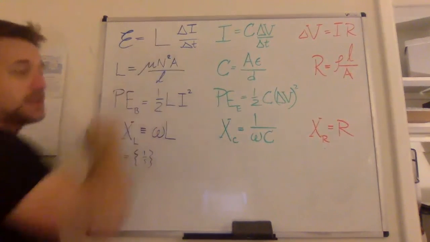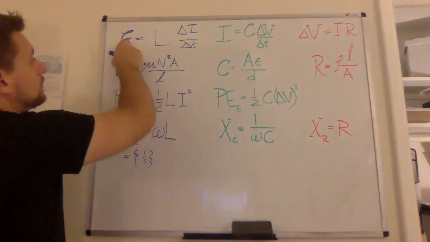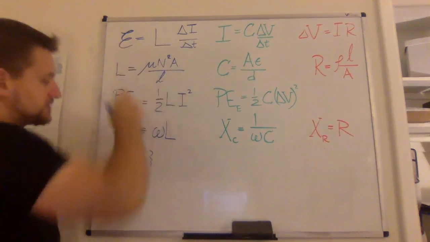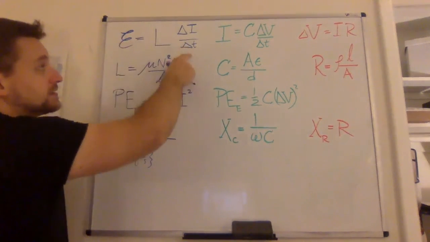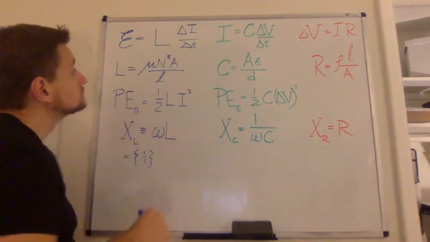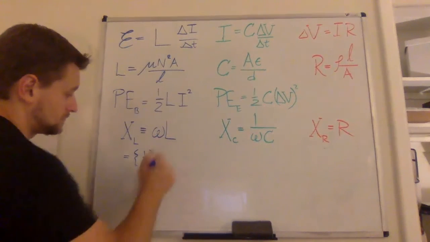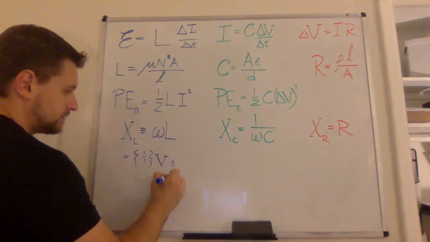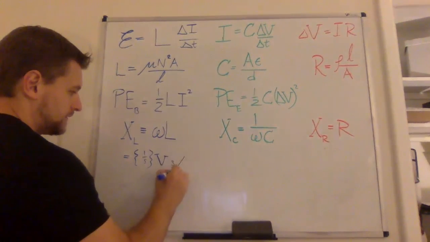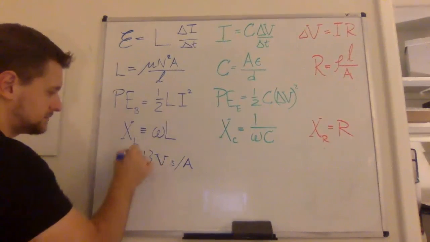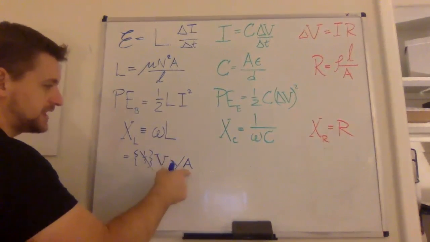We solve for L, volt cross multiplied by delta t, so we've got volt seconds divided by amps. Well, 1 over second, volts divided by amps.